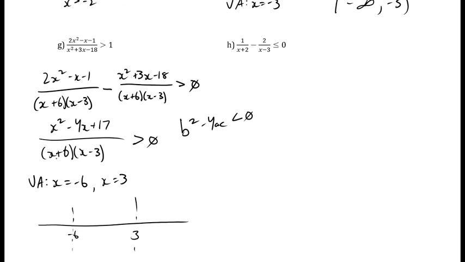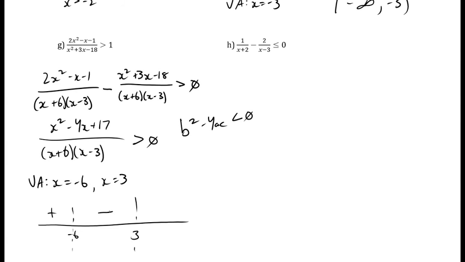And then I've got two negatives on bottom, so it looks like I have two negatives and a positive, so that's going to be positive. I'll check 0, so 0 gives me 17 on top, and it gives me a positive and a negative, so that's negative.